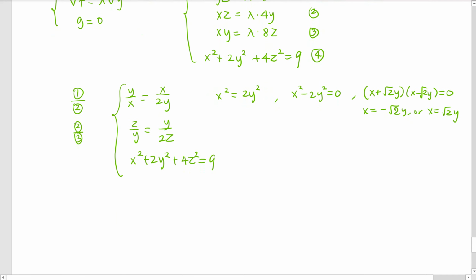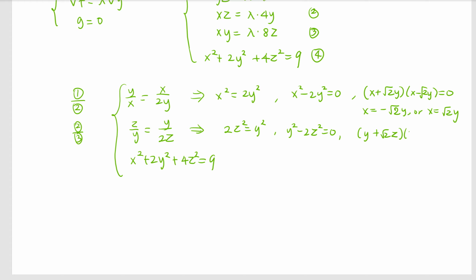Okay, let's see here. From this equation, we have 2z squared equals y squared. So y squared minus 2z squared equals 0. We also have y plus square root of 2 z, y minus square root of 2 z equals 0.